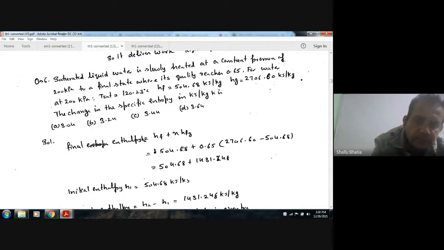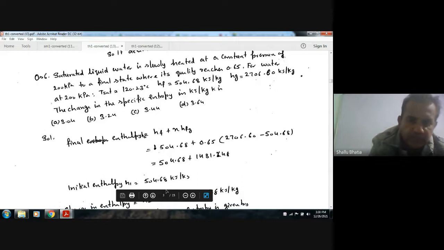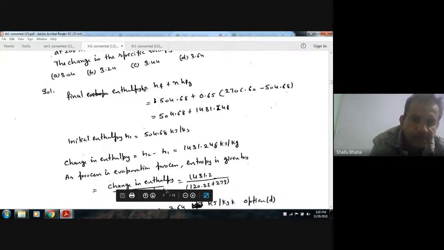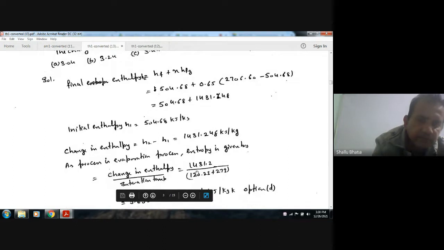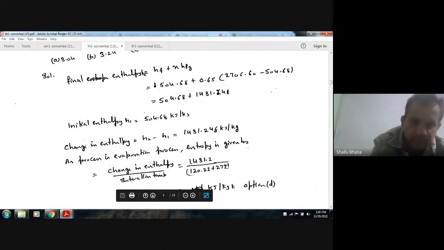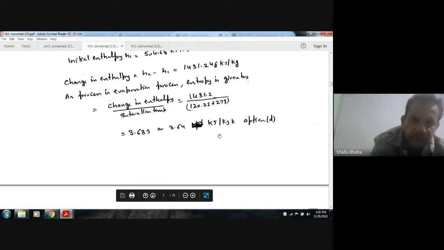So this is the final enthalpy, this is the initial enthalpy. So the difference between the two is change in enthalpy. Change in enthalpy divided by saturation temperature, so 3.64 is your entropy. So option D.